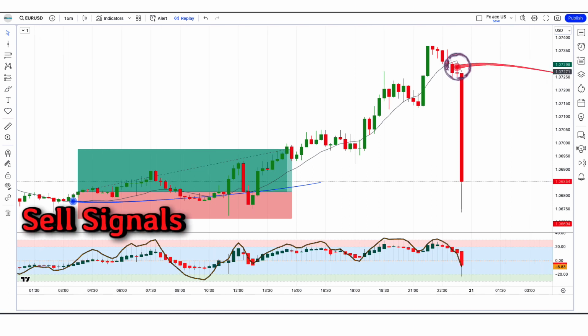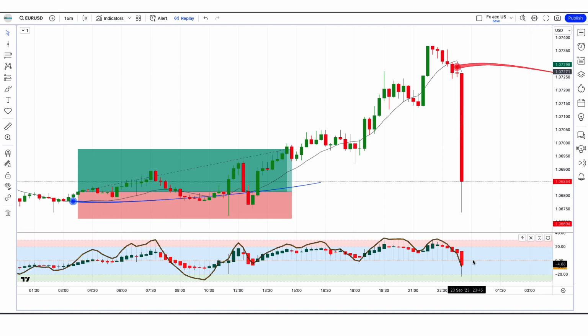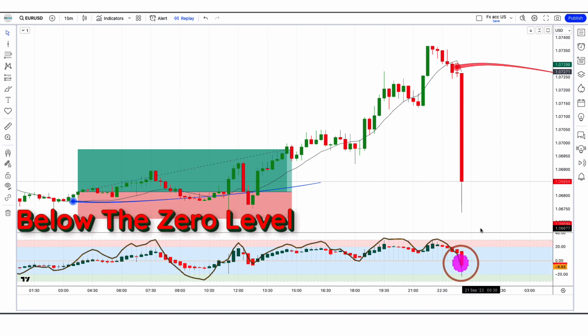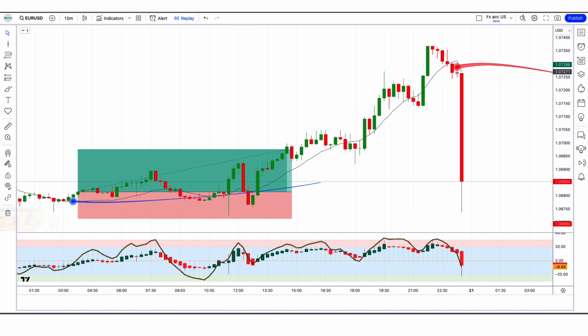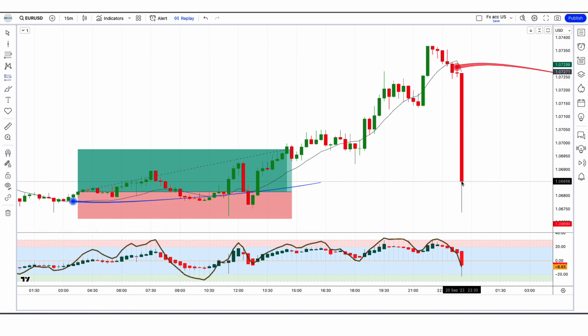The MA Sabres indicator has given us negative sell signals. The market has made a bearish candle to give confirmation. The RSI shadow of the Heikin-Ashi RSI oscillator indicator is below the 0 level. So all our conditions are fulfilled, so we are placing an order to sell.